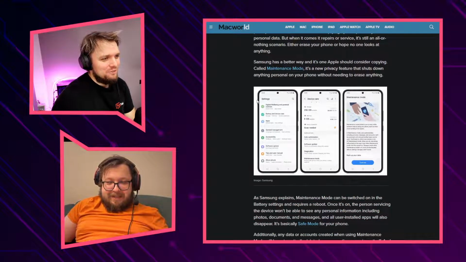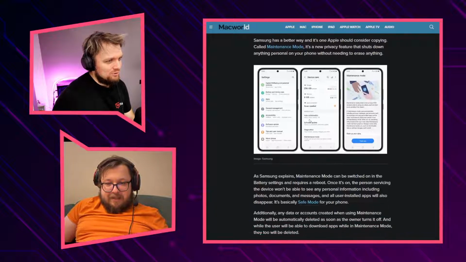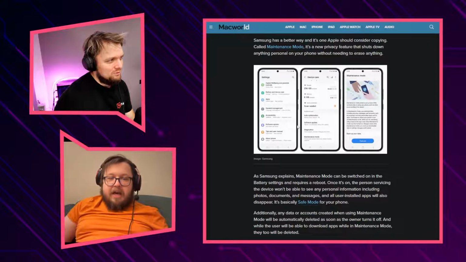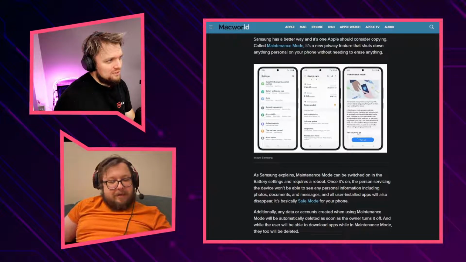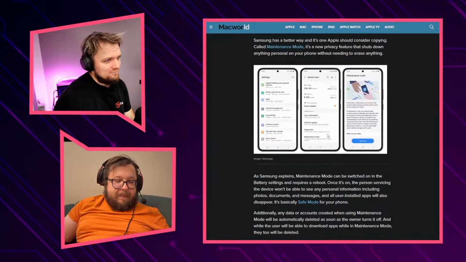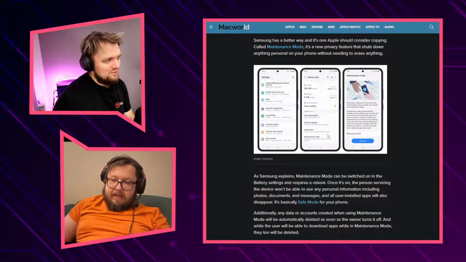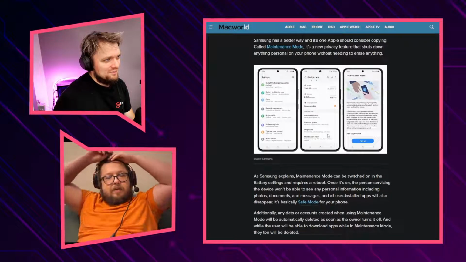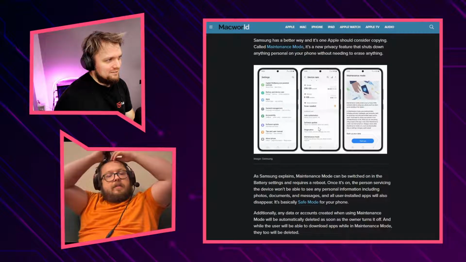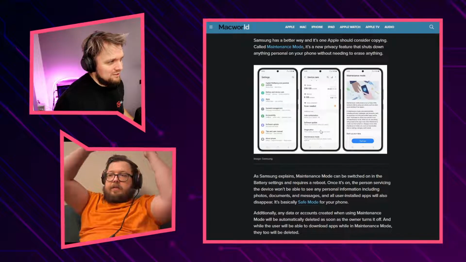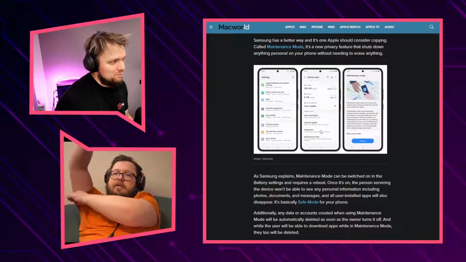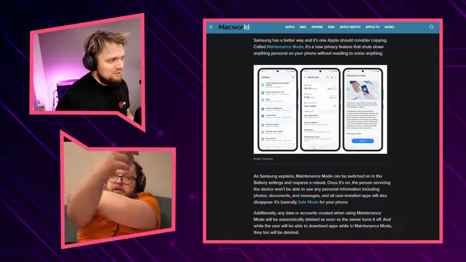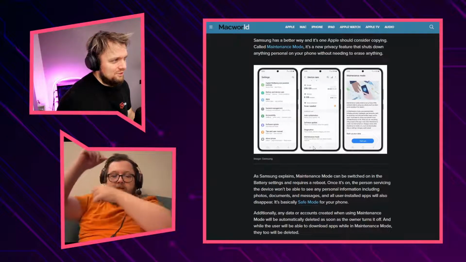We're talking about a maintenance mode. That I heard about. Yeah, that's pretty nice. Because of privacy, you're going to send your phone in for a repair, like fixing your screen or changing your battery, and basically all the data on the iPhone they need to access, right?